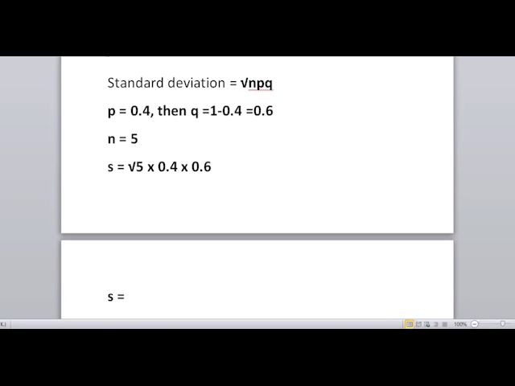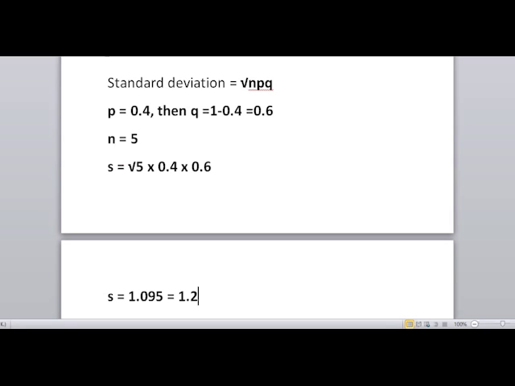It's 1.095. 5 multiplied by 0.4 multiplied by 0.6 gives 1.2, and you find the square root of this answer. So our standard deviation is approximately 1.1.